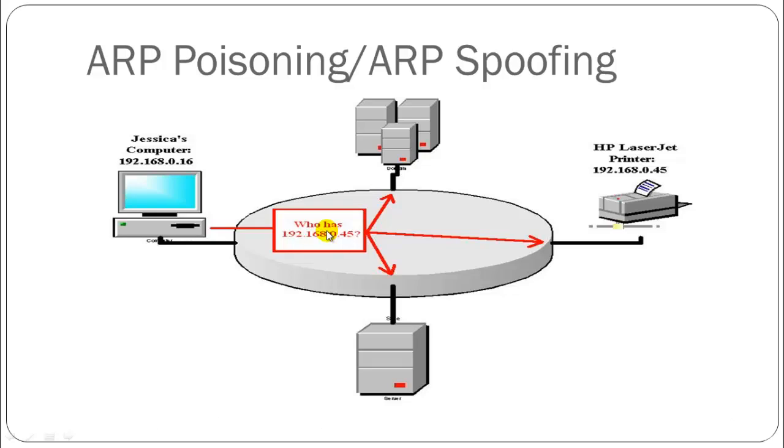So when an incoming packet destined for a host machine on a particular local area network arrives at a gateway, the gateway asks ARP to find the physical host or MAC address that matches the IP address. As you can see in the diagram, it's asking who has the IP address 192.168.0.45. It's asking all three computers, because these three are on the LAN right now.